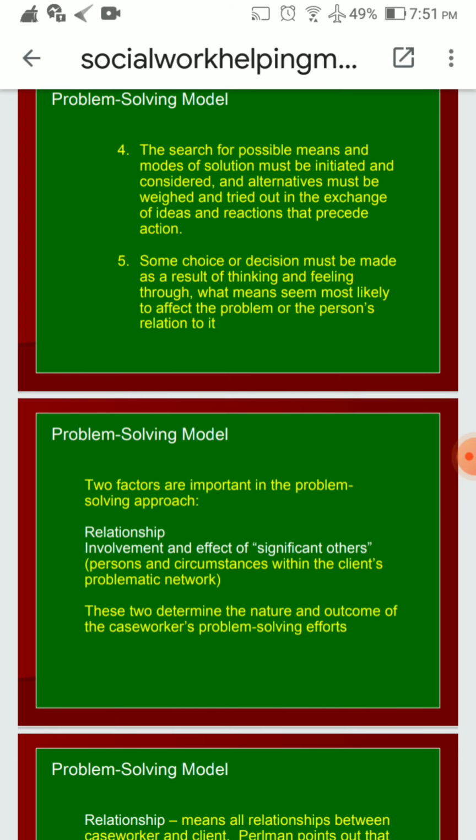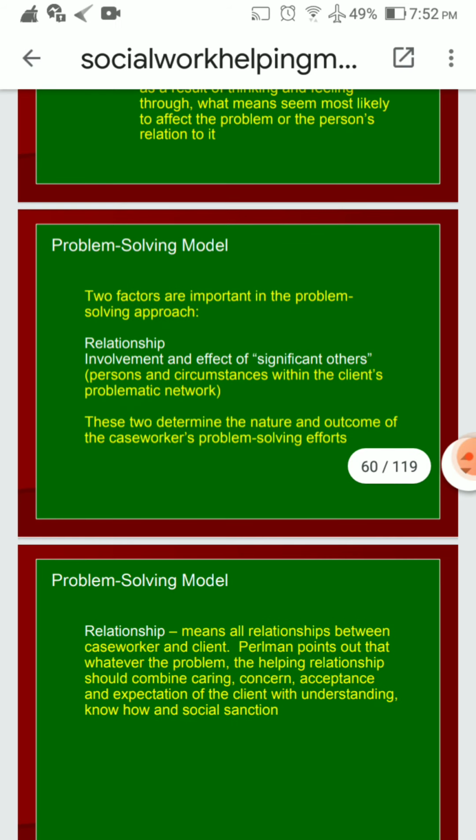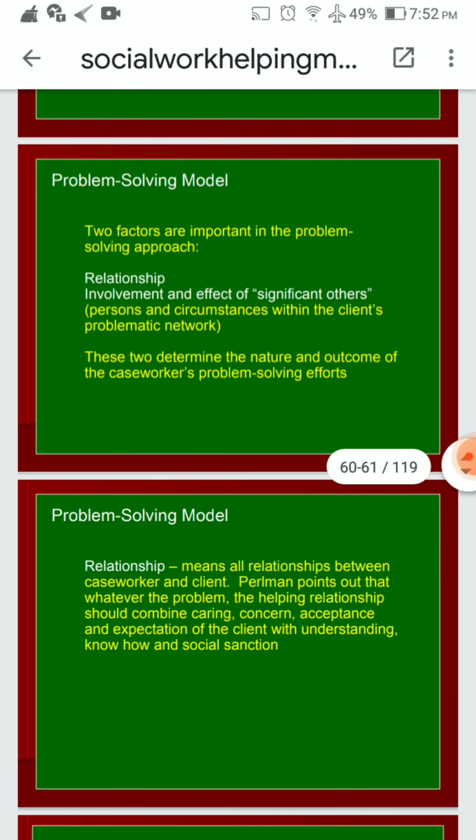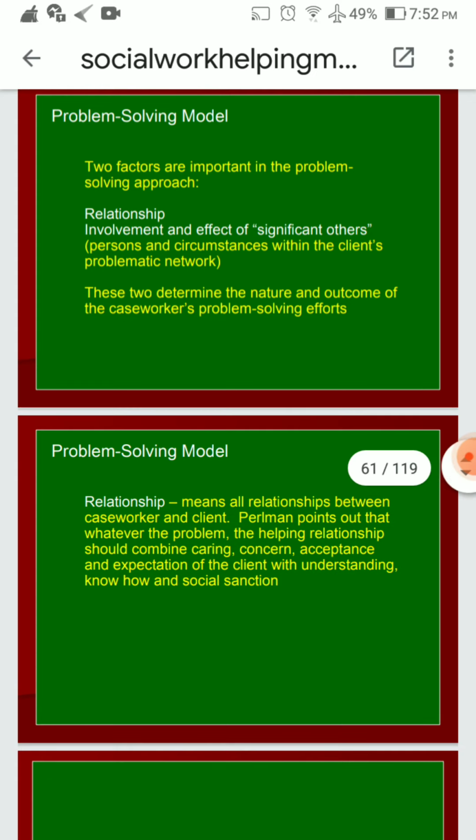Some choice or decision must be made as a result of thinking and feeling through what means seems most likely to affect the problem of the person in relation to it. Correct. Another in the problem solving model, we have two factors that are important in problem solving. First is the relationship, involvement, and effect of significant others.